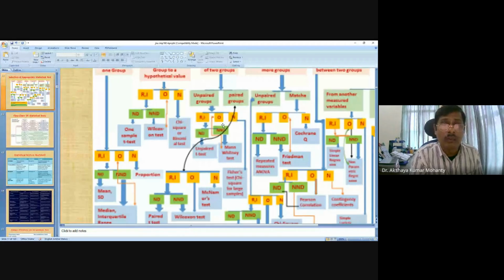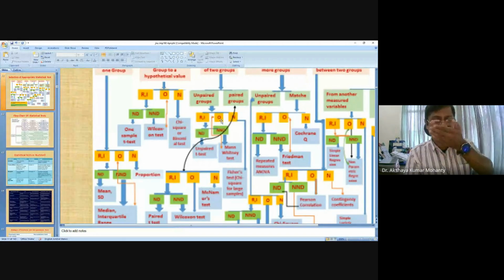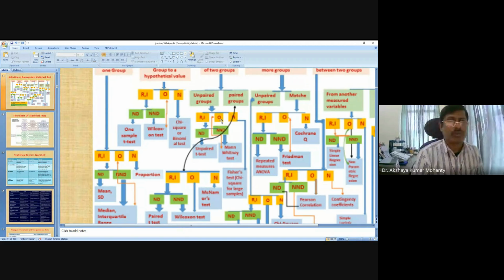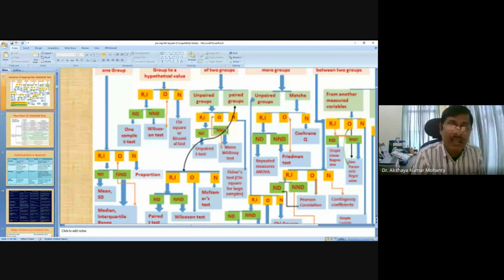Now come to the ordinal approach, that means the ordinal scale. If data is in the form of ordinal, then it is non-normal distribution. This non-normal distribution can be achieved either for ordinal data, or for ratio or interval data.